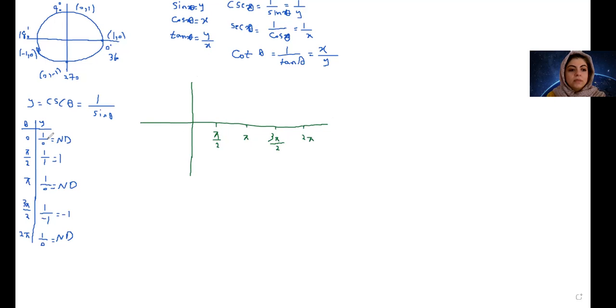For 0 is not defined, means I have an asymptote here, right? I'm just put my asymptote as red. See, I have asymptote at 0. At pi, I have asymptote. And 2 pi.